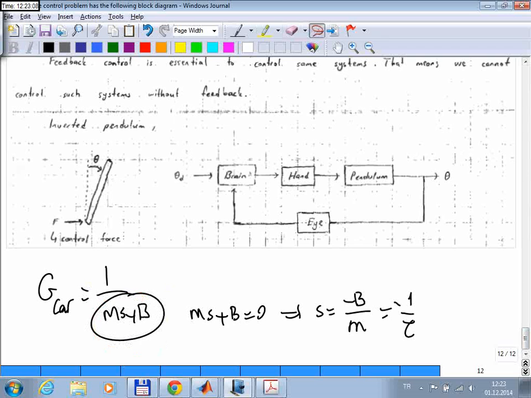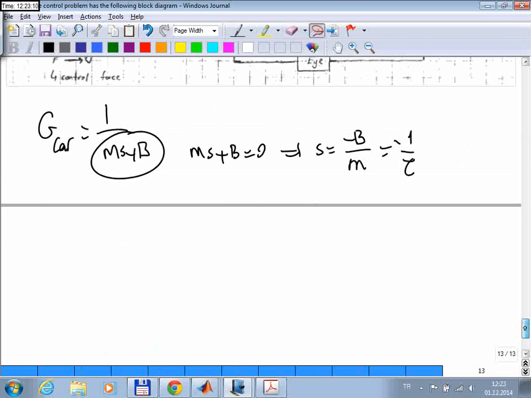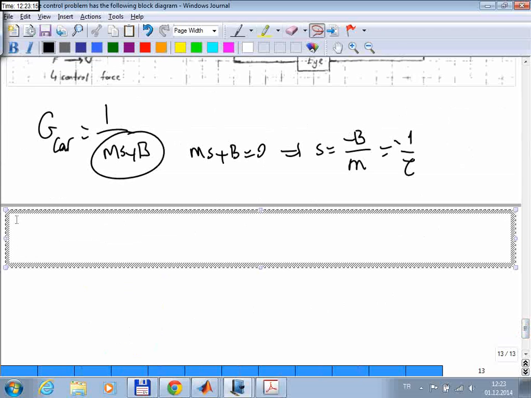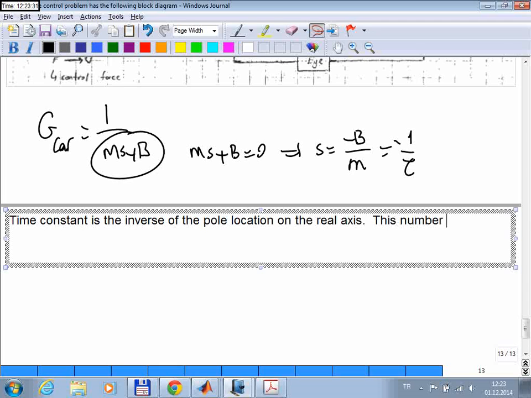So this is a very, very important result, so I should write this down. The time constant is the inverse of the pole location on the real axis, and this number determines how fast the system behaves.